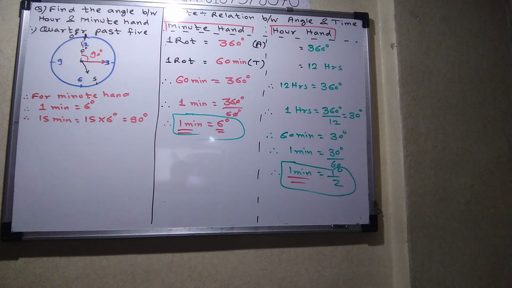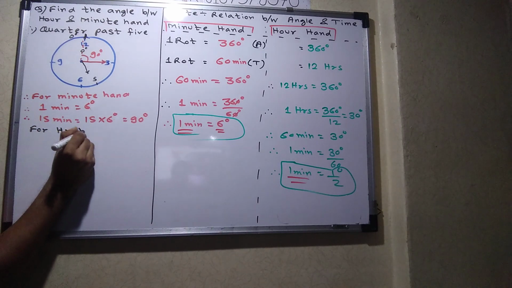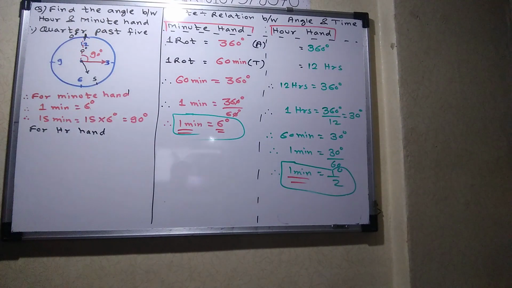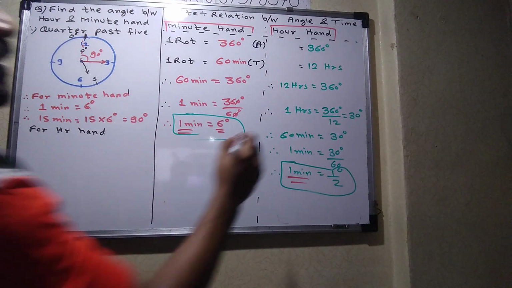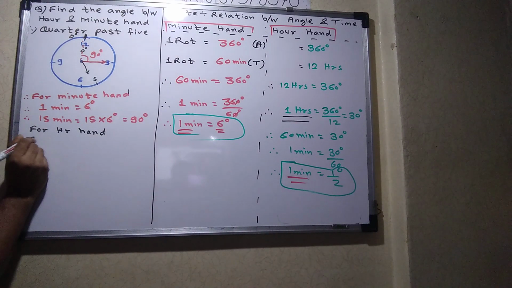Now we will think about the hour hand, so I will use the black marker. For the hour hand, it is already 5 o'clock. So how many hours are completed by the hour hand? 5 hours.